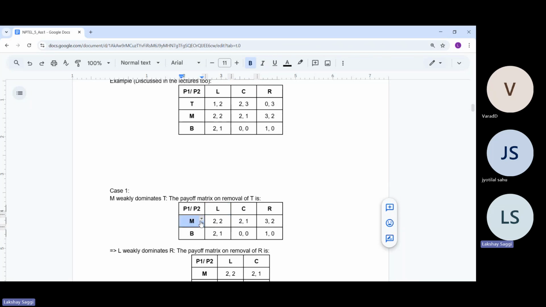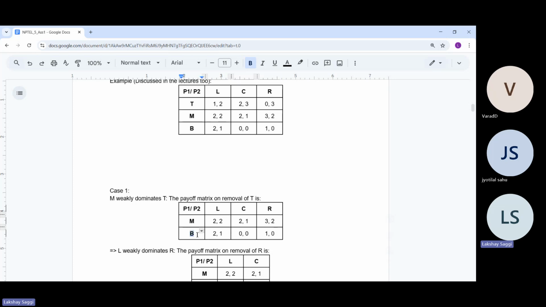If the row player plays M and the column player plays L, the payoff is 2. Whereas on playing R, again the payoff is 2. So if the row player has played M, then L is no worse off than R.